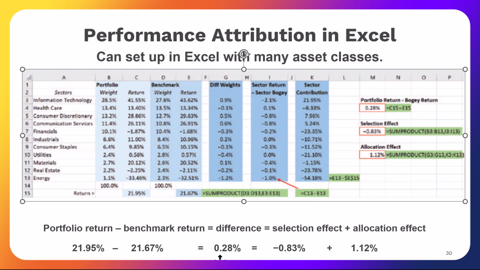In this case, we have positive performance. We're performing above average. However, the selection part of our investment strategy is not doing well. We need to select better investments within these sectors. But choosing the sectors, these weights, that was good.